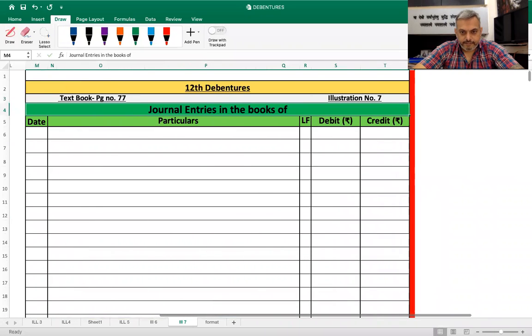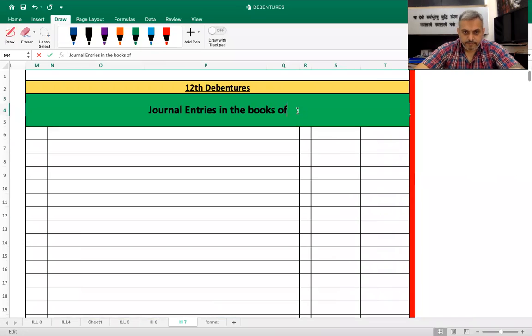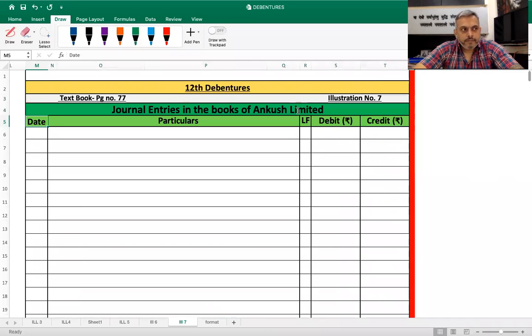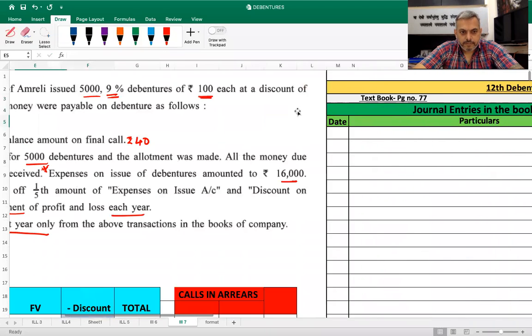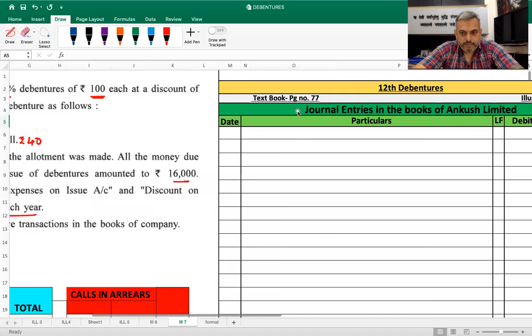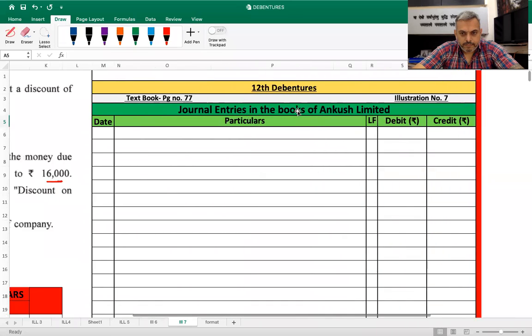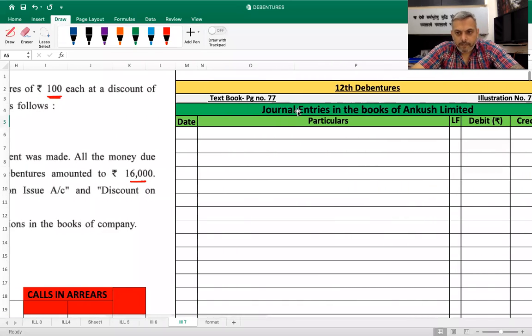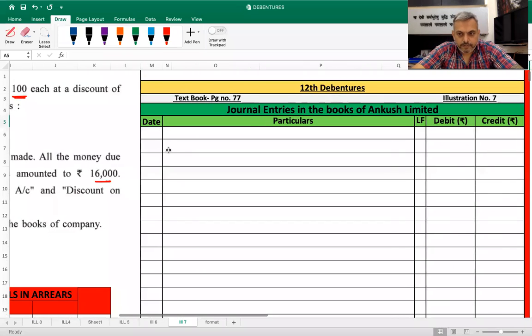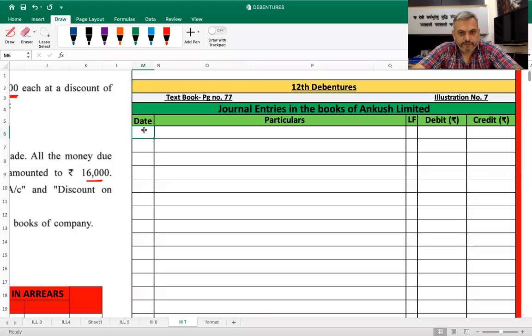Ankush Limited. Okay, let's start with the first entry.